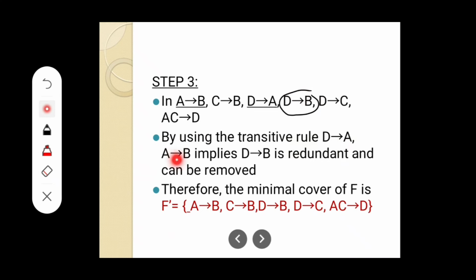It is redundant and can be removed. So this can be removed and the final result will be like this. This is the minimal cover: A determines B, C determines B, D determines B, D determines C, AC determines D.